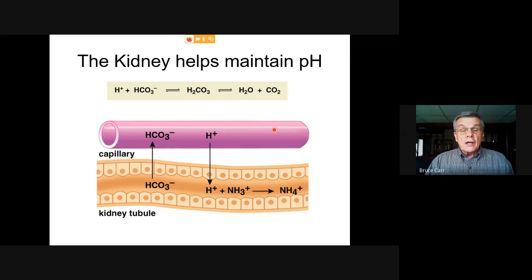The hydrogen ion is pumped into the bloodstream, where it combines with ammonia to form ammonium, and out it goes. The bicarbonate is pumped in the opposite direction from the urine back into the blood capillary flow, and pH is moderated.